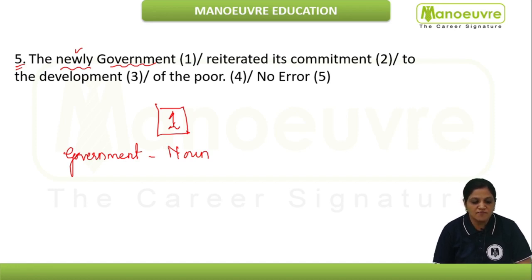Now what is newly? Newly is an adverb. So here we can see that the noun government is used with a wrong modifier, that is an adverb. Instead of newly, it has to be either new or newly elected government, because an adverb always modifies a verb and not a noun. So hence the error is in the first part.